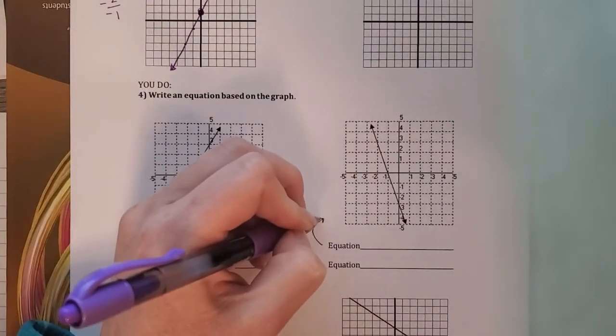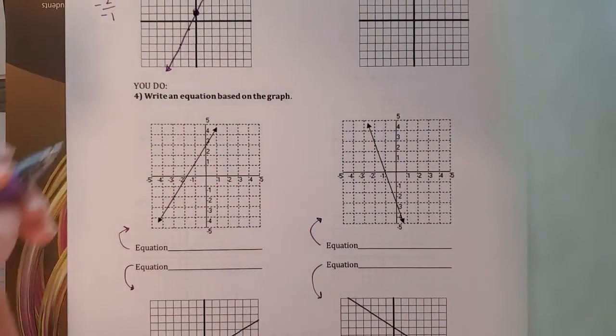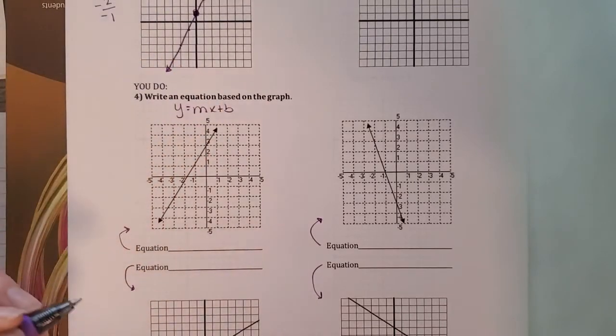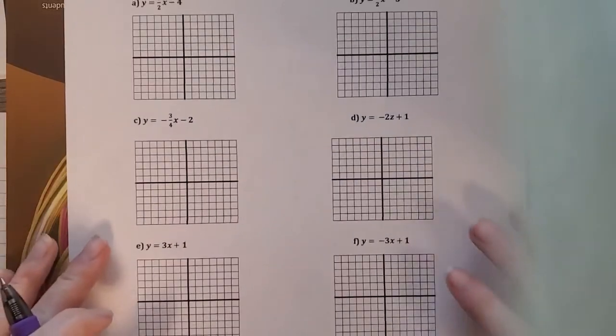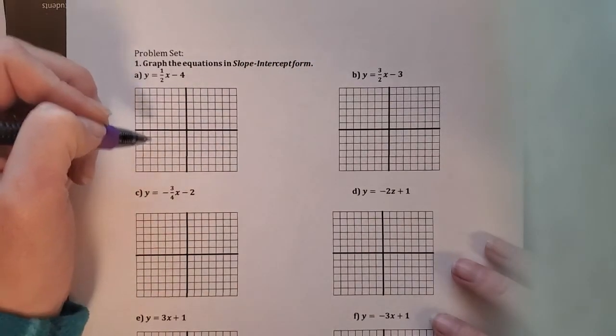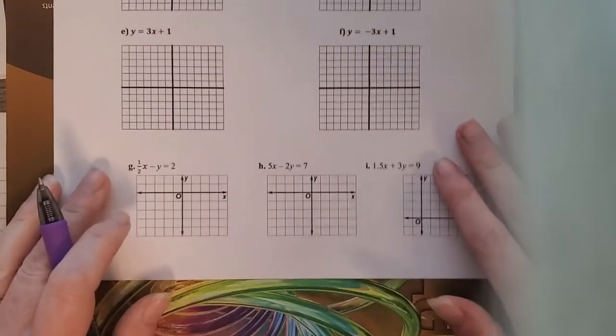Same thing here. That equation goes with that one. So find the slope, find the y-intercept, and then write the equation in y equals mx plus b form. And then on the last page, these are all in slope-intercept form, and you're going to graph them using the slope-intercept form like we just talked about.